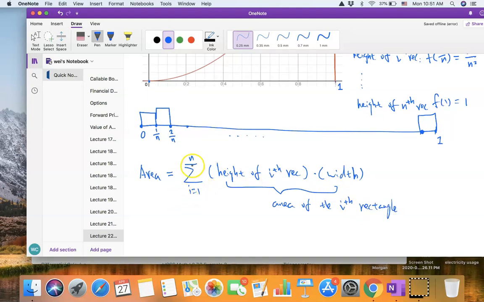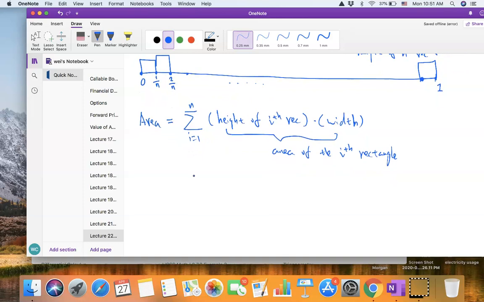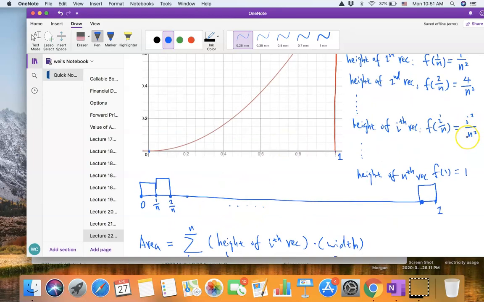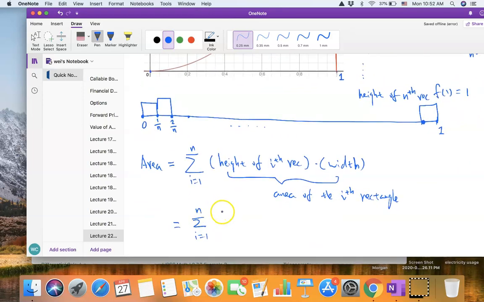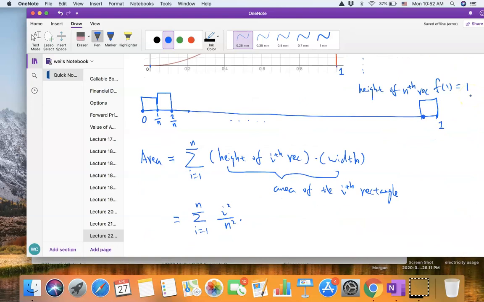And since we have n rectangles, we add them together by using the sigma notation we learned before. So this area we can write as the sigma of i squared over n squared times the width, 1 over n.